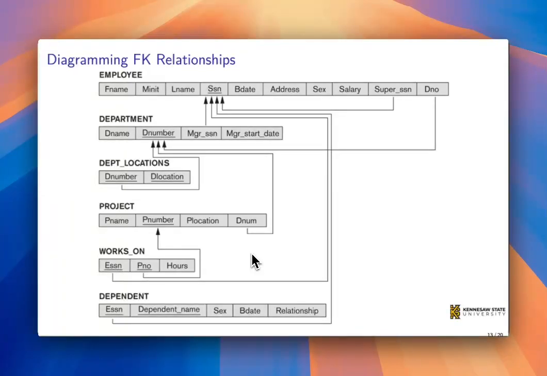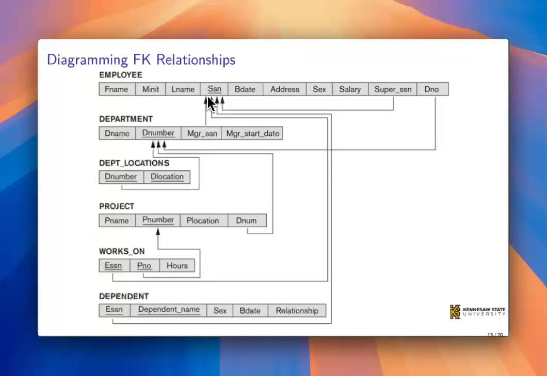So let's see how we could diagram these foreign key relationships, and this will make things quite a bit clearer. We'll just look at employee and department here. If we look at the employee schema, we see that the social security number is the primary key, and for department, D number is the primary key. Now notice that department also has a manager social security number attribute, and it points to the employee relation.